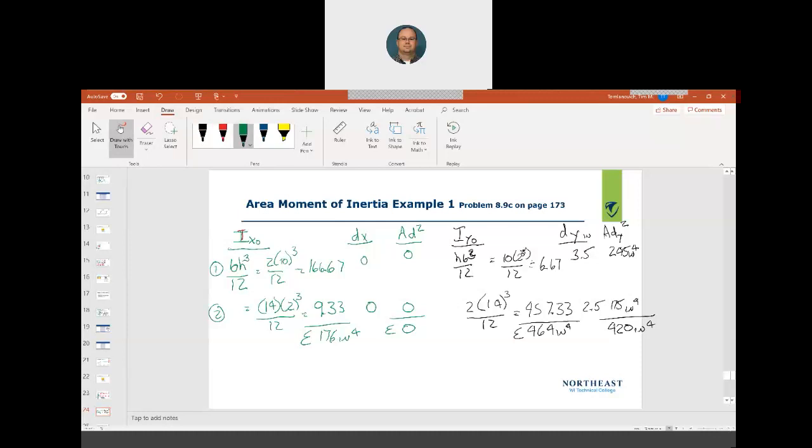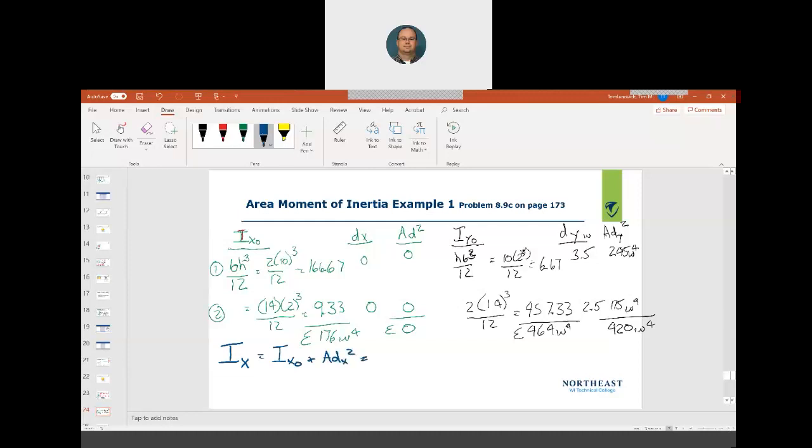All right, final answers. I in the x direction is the sum of the individual moments of inertia, which equals Ixo plus area times dx squared.